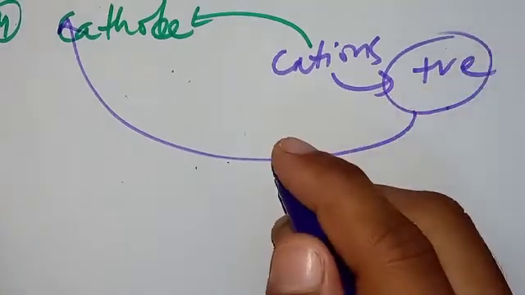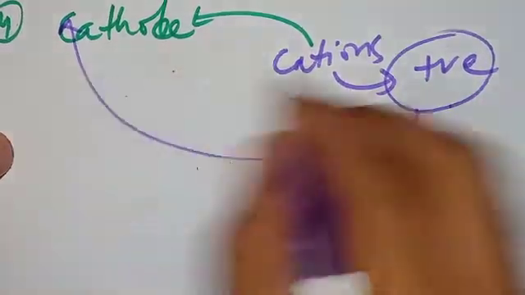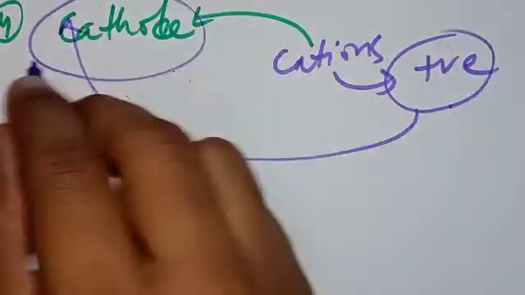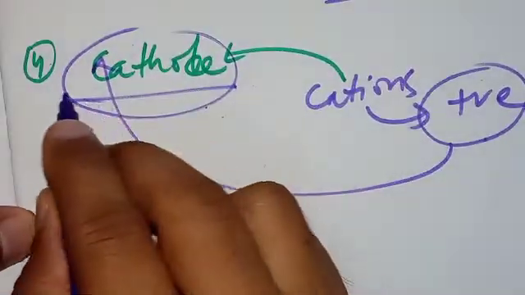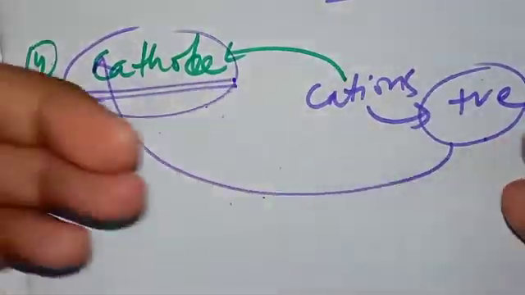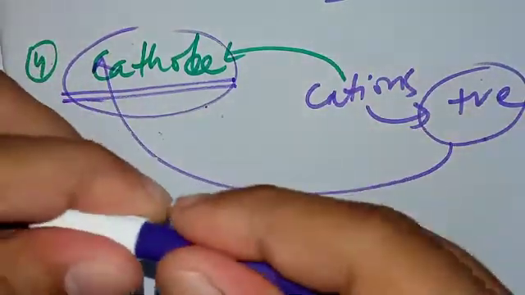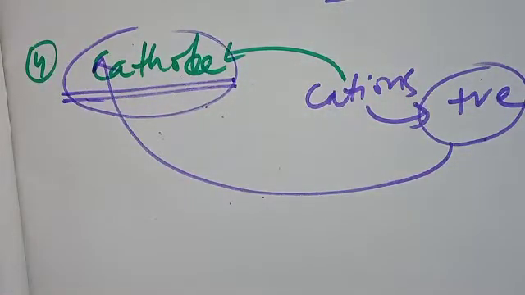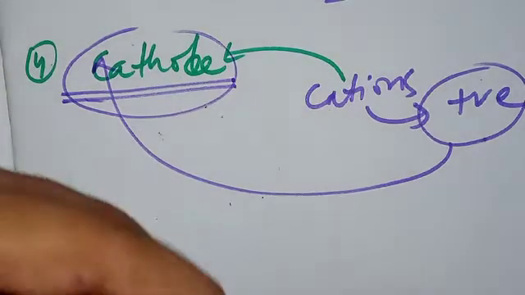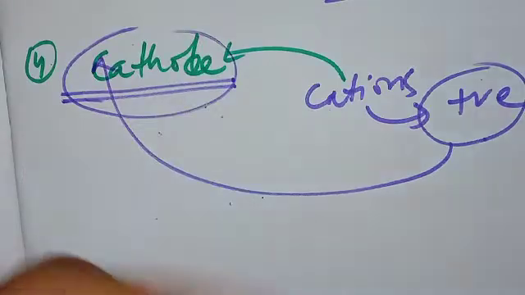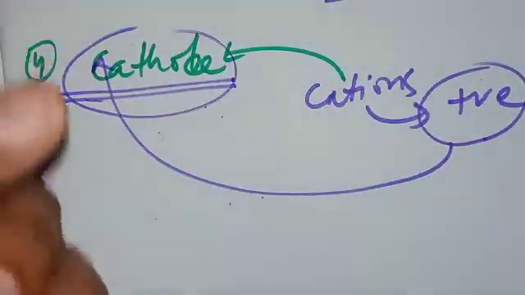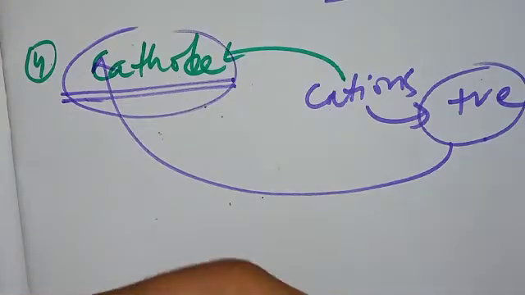Hydrogen also forms positive cations, so they will migrate towards the cathode and get discharged there, and hence they are known as electropositive elements. So including hydrogen, all the metal cations migrate towards the cathode, and hence are called electropositive elements.